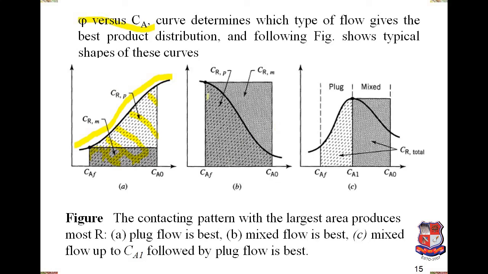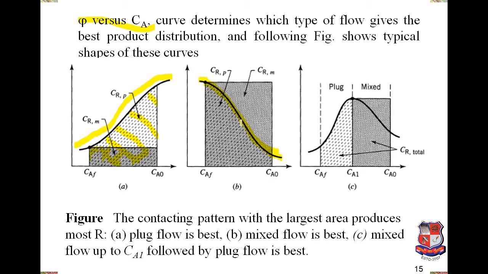Exactly opposite, if this is the nature of the phi versus CA curve, it indicates that as the concentration decreases from initial to final, the yield increases.